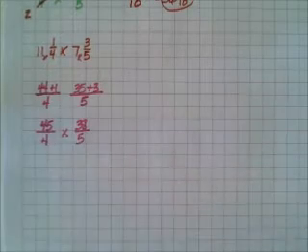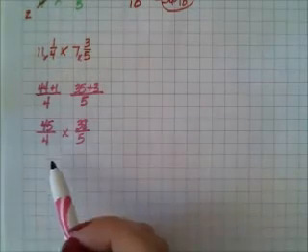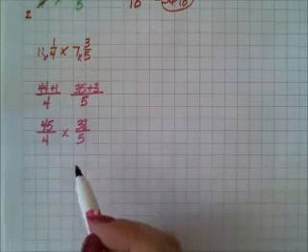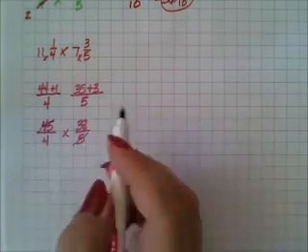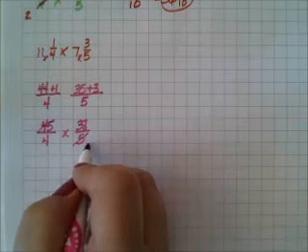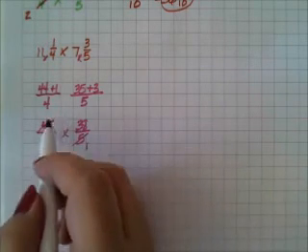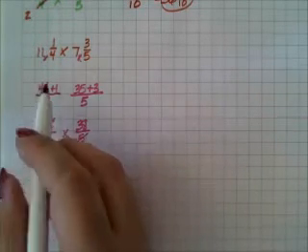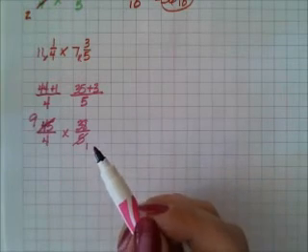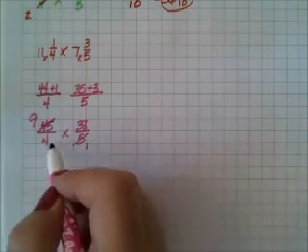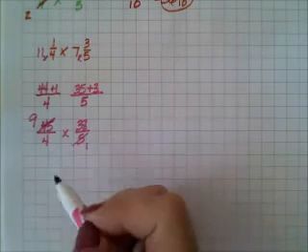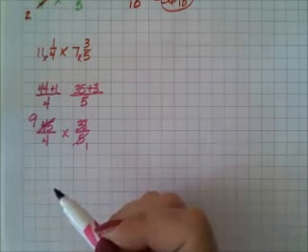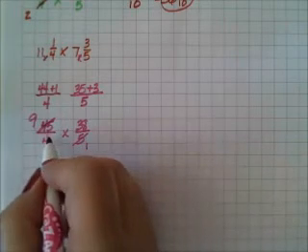Now I can multiply. First thing I want to do is cancellation. I can see that 5 goes into 45. So 5 divided by 5 is 1. 45 divided by 5 is 9. Then I have 4 and 38. I know that both of these are divisible by 2.